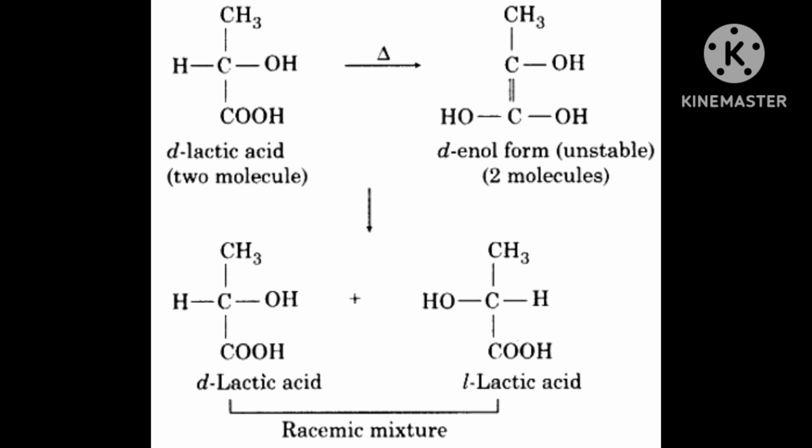And now come to the laevo, negative. Now take the example of 2-bromo-octane, minus laevo. When 2-bromo-octane, which is laevo, negative, l, is allowed to react with sodium hydroxide, means OH group is there, then what will happen?